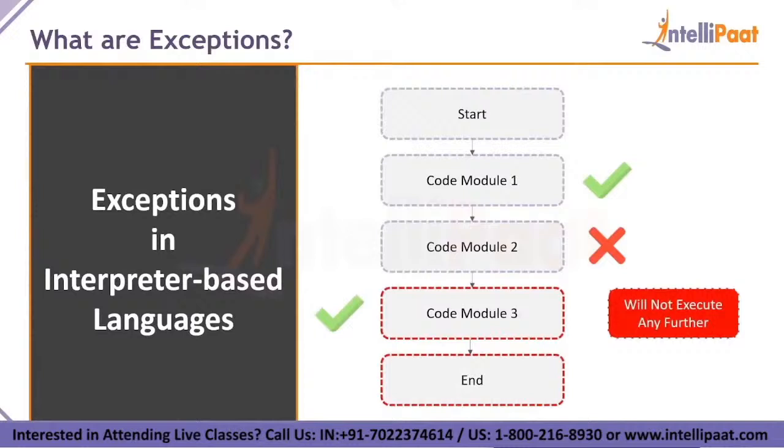So in interpreter-based languages, not handling exceptions could lead to the entire application breaking, right? We want to execute things that are correct. Even if code module 2 is wrong, we want to resolve that particular issue and we want to move on to code module 3. So unless we handle these exceptions, that is not going to be possible.